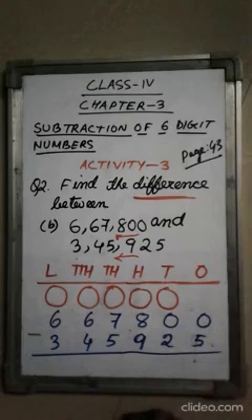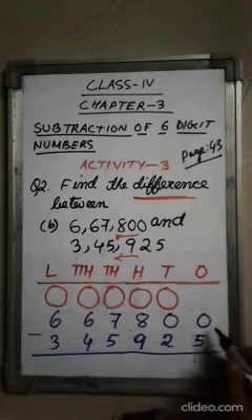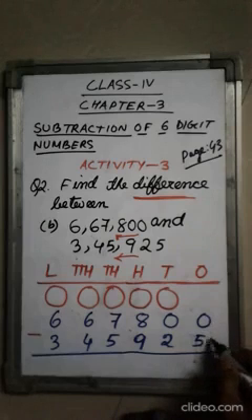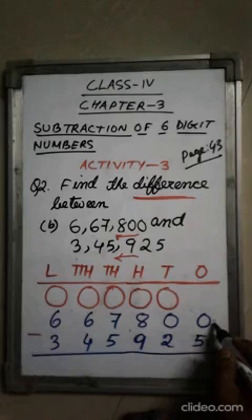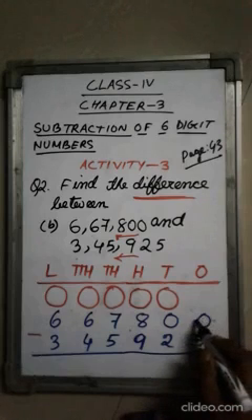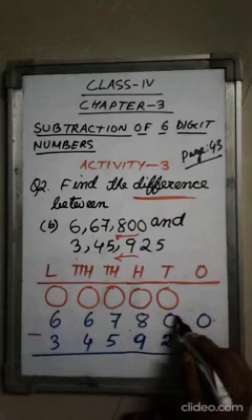In ones place we have 0 and 5. From 0 we have to subtract 5. As 0 is smaller than 5, we cannot subtract, so we shall check the number in the next place.